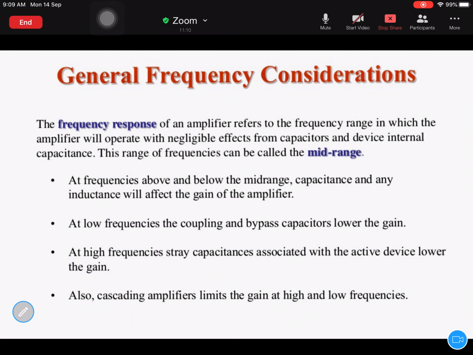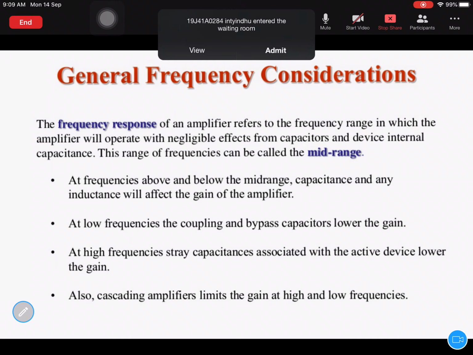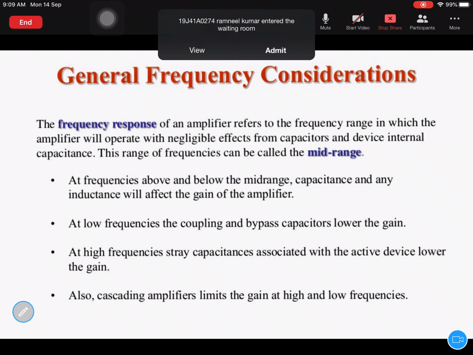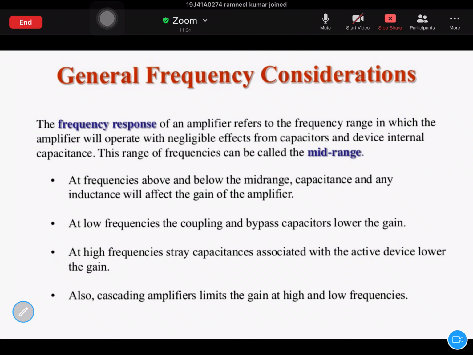The emitter base junction must be forward biased and the collector base junction must be reverse biased. If you consider the CE amplifier also, those two statements are true. When you are operating the transistor in this mode, it is said to act in the active region.